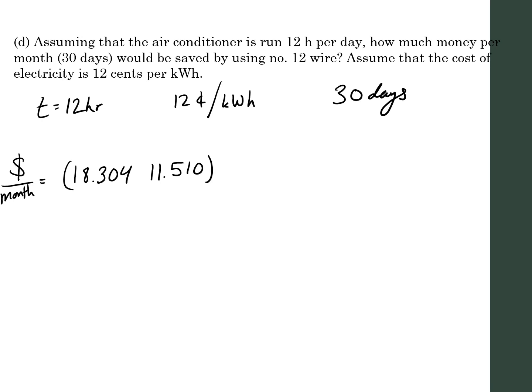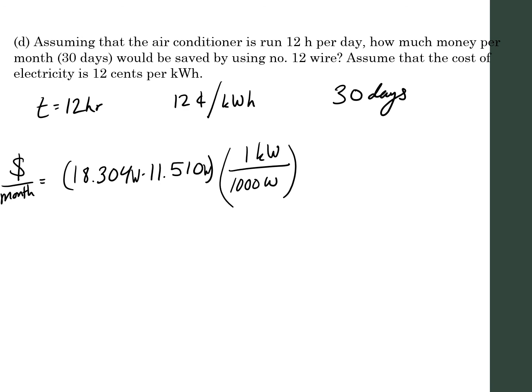Both of these are in watts, and so this is going to give us a power difference. And now we need to start converting. We know 1 kilowatt is 1,000 watts. So that's going to get us the kilowatt part that we're going to need.